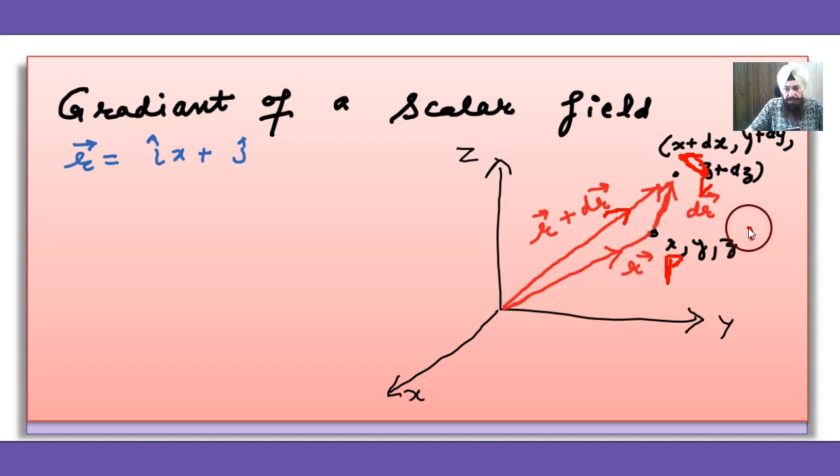Point P is specified with xyz coordinates, and there is a small increment dr vector. So in terms of xyz, the coordinates of Q become x plus dx, y plus dy, z plus dz. The quantity written with d means a very small increment, infinitely small, you can say.